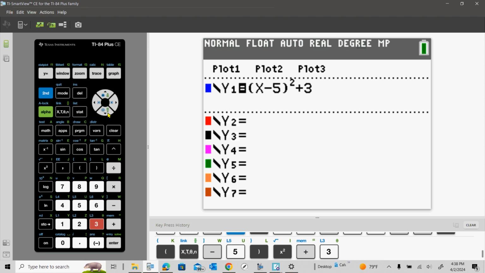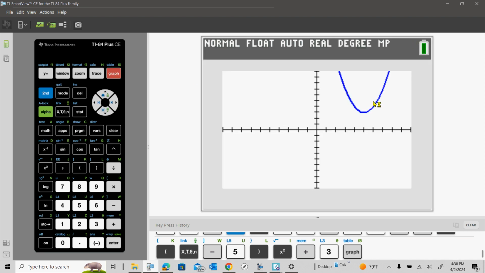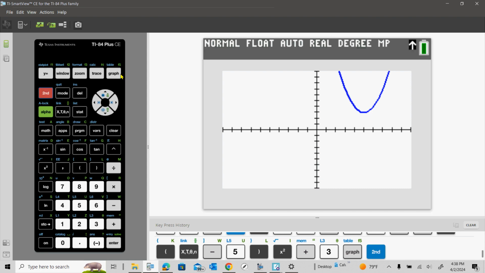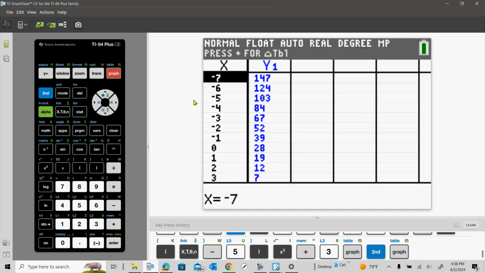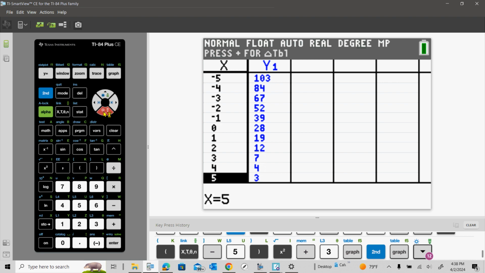All right, so we're going to hit graph to see the shape. There it is, right there. And then I want to hit second graph to see my table, because I want to find values, the middle of the graph, to see where the values repeat. So like, I know they're getting smaller.